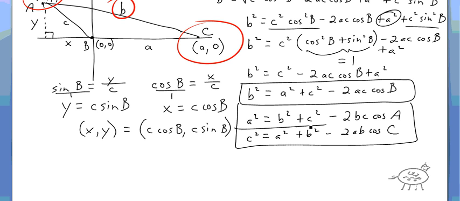Now, do you have to memorize all three of them? No. Just recognize that if I'm looking for the side c, that also goes with that angle c. And then I have my a squared and b squared, and I subtract two of those. Don't forget it's minus 2ab.